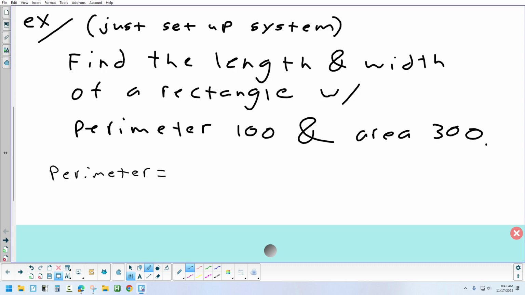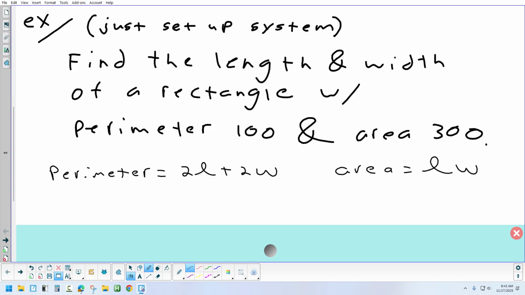You can write it as length plus length or width plus width, but I'm just going to do 2L plus 2W to shorten that up. And for area, length times width. Okay, so all we can really do is just take the information that they give us, plug it into those 2 formulas. And for now, that's it.